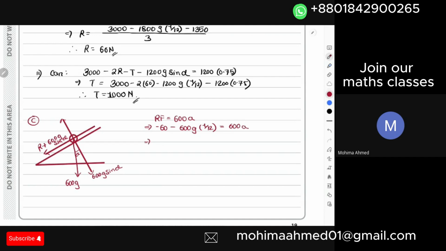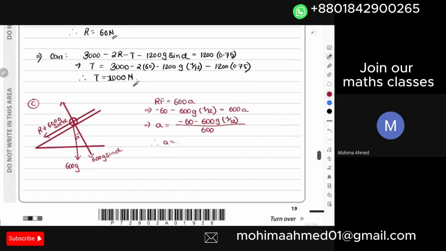So your value for a turns out to be minus 60 minus 600 g 1 by 12, divided by 600. Right? So you get the value for a as minus 11 by 12.